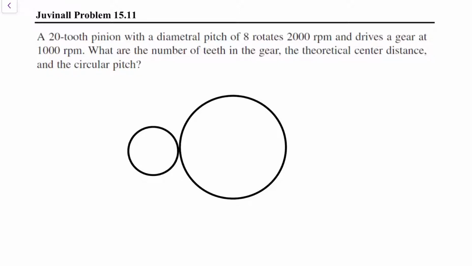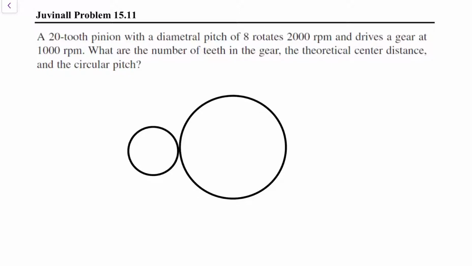That just talks about the teeth and the module, and the definitions you can look up in the textbook. And the pinion rotates at 2000 RPM, and that drives a gear which, as a result of their different sizes, spins at a rotational speed of 1000 RPM.